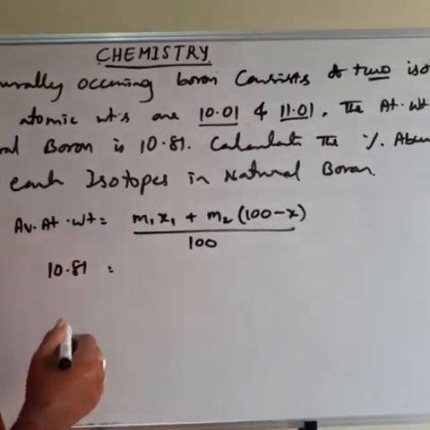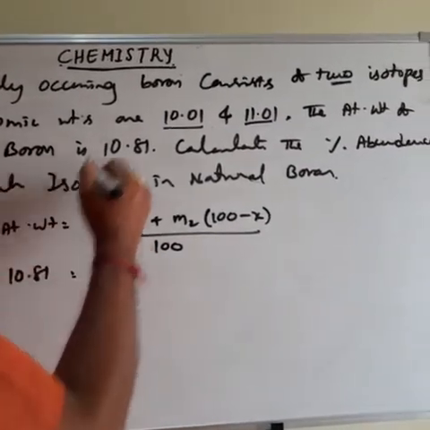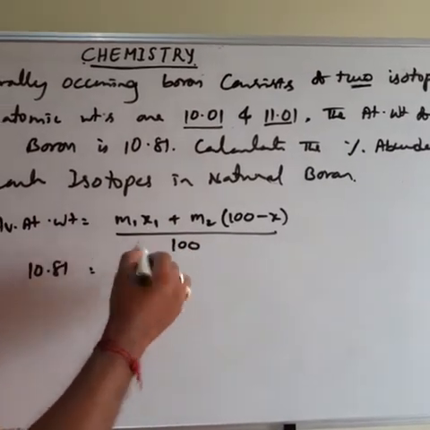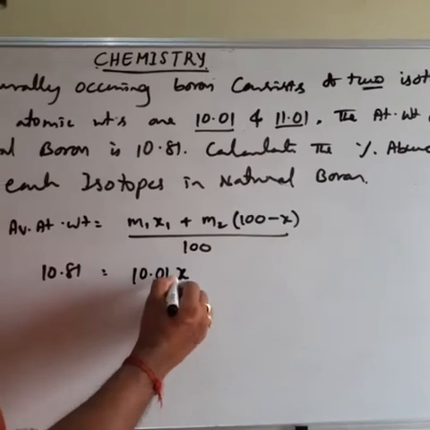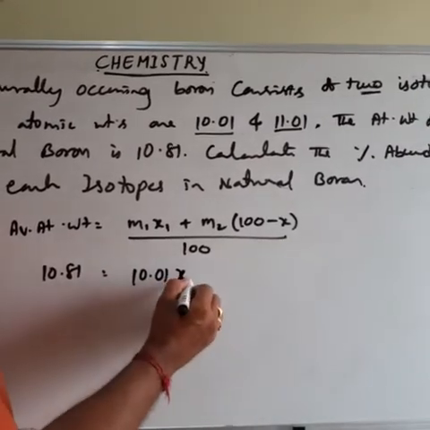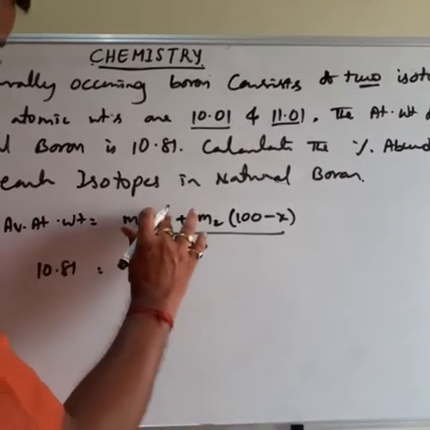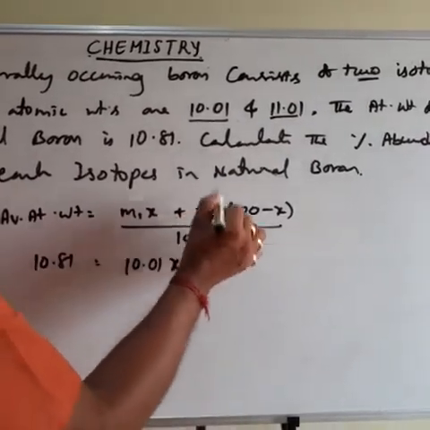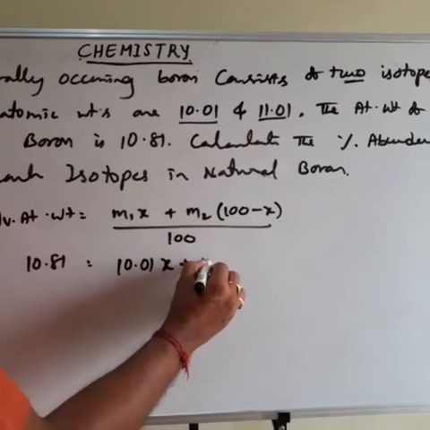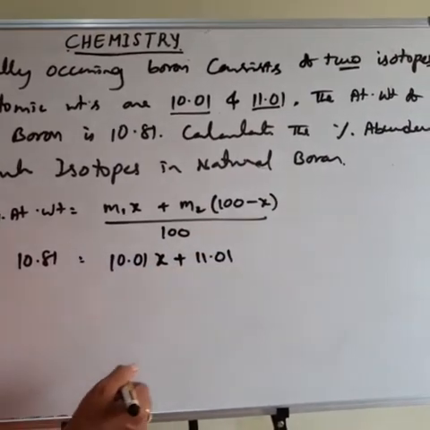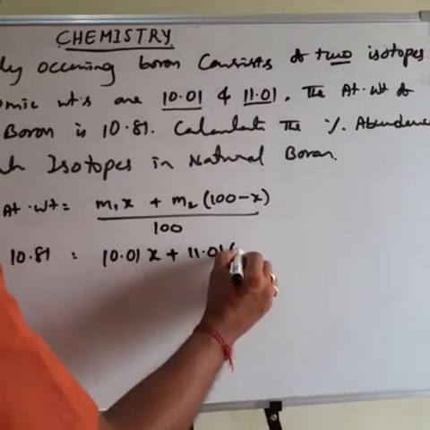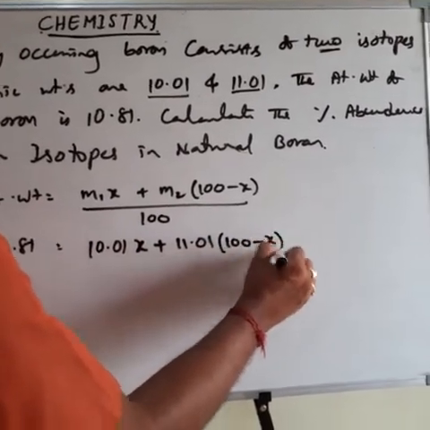Then M1 means mass of first isotope. What is the mass of the first isotope? 10.01 into abundance, which we have to calculate, that is X, plus M2, the mass of the second isotope, 11.01, into 100 minus X. Why 100 minus X?